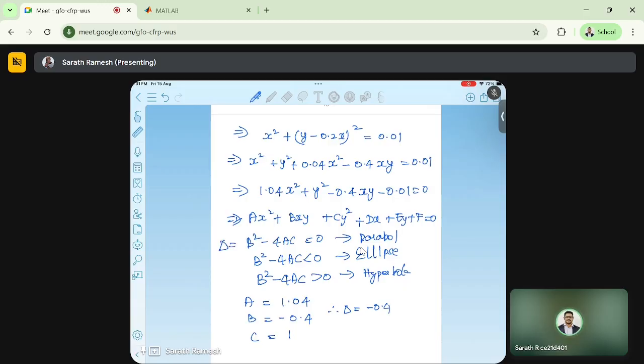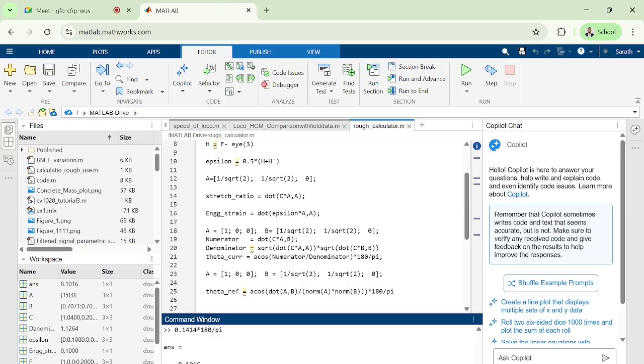This is the discriminant: 0.4 square minus 4 times 1.04 times 1. This is negative. Yeah, of course, it's negative, and hence it is an ellipse. Okay, so the deformed shape would be an ellipse.